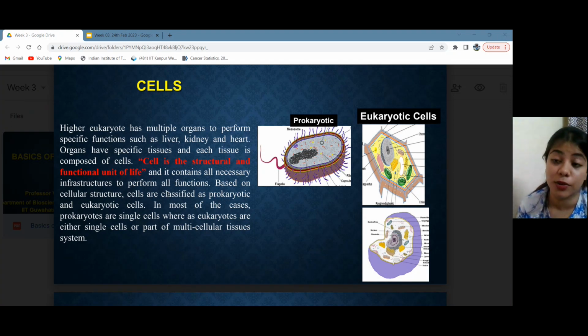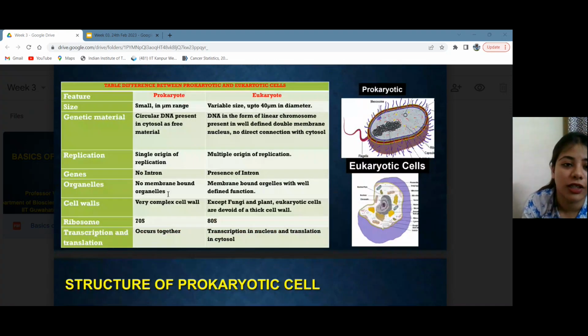There are unicellular eukaryotes, an example being the entire kingdom of protozoa, as we have previously discussed. But apart from that, a large proportion of eukaryotic cells are multicellular in nature, and of course, plants and animals are the most common examples of eukaryotes. If you talk about the major distinguishing characters, then we have all of these.